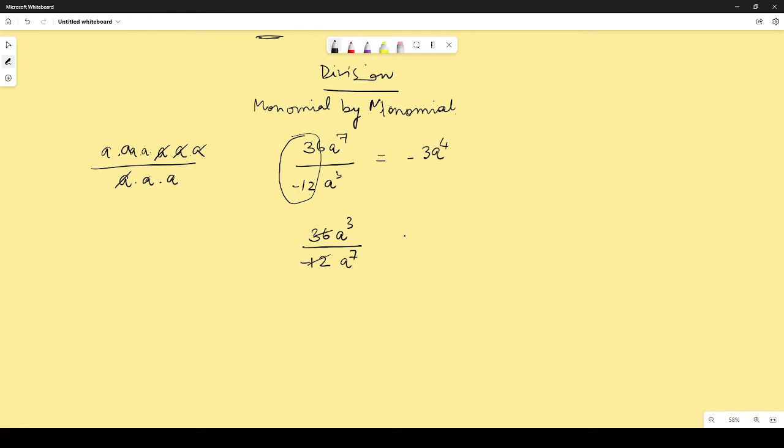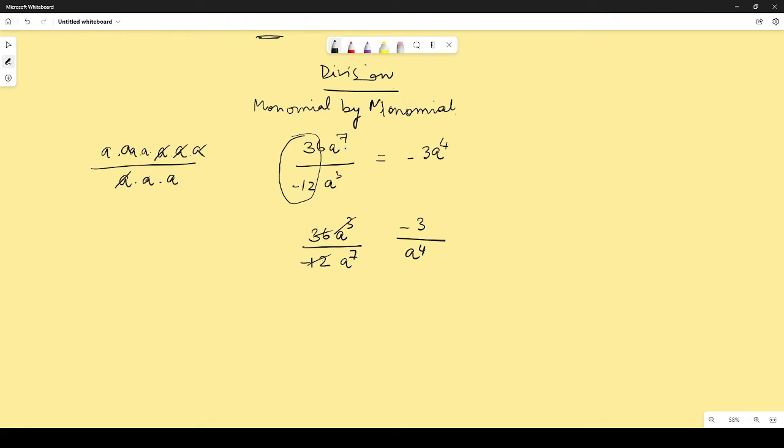Here the constant will be the same, minus 3, but the a's get cancelled and you are left with a to the power 4 in the denominator. This will be your answer. So that is what you need to be very careful about when you are doing divisions. So monomial by monomial is simply when you divide the constants and then you subtract the powers.